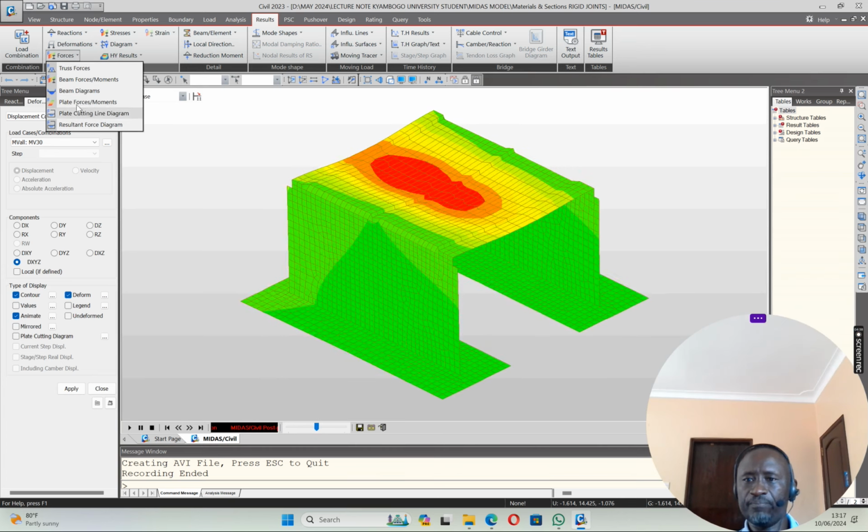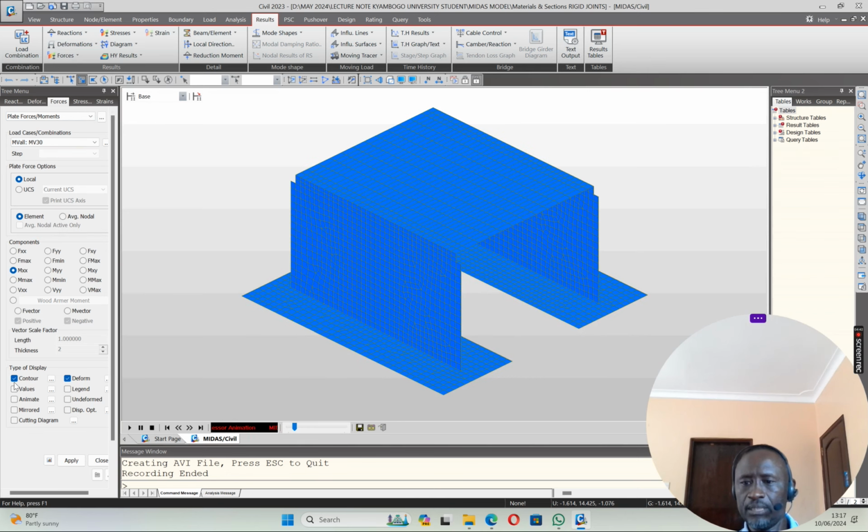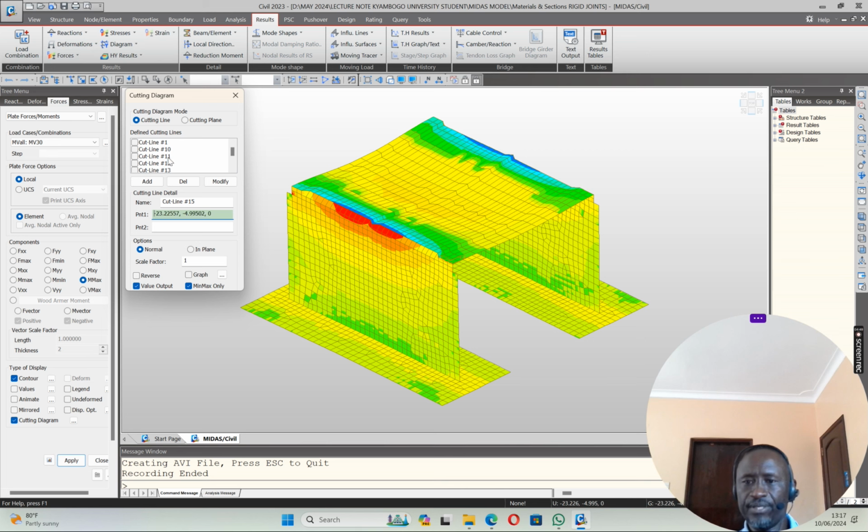If you look at the plate forces, you realize that this time the moment tends to move away from mid-span towards the support, because that is where you have the rigid connection, and therefore it takes up a lot of stress at that point.